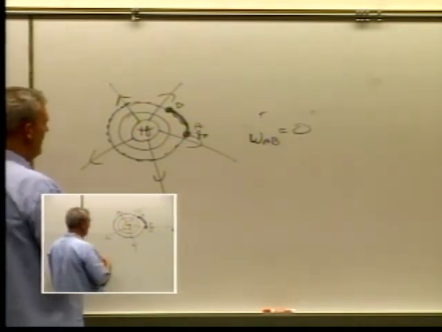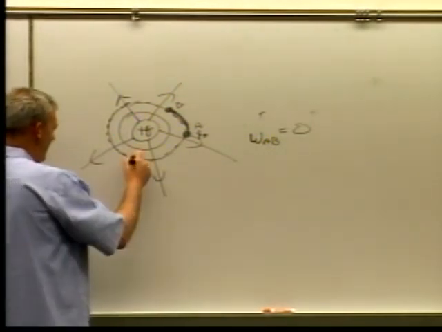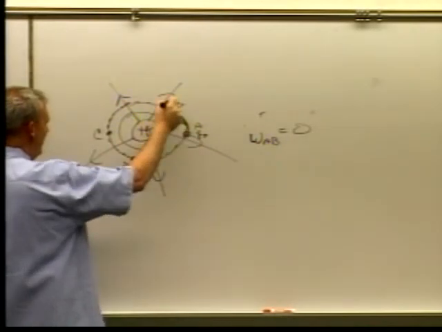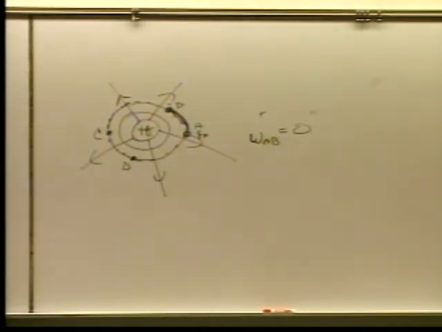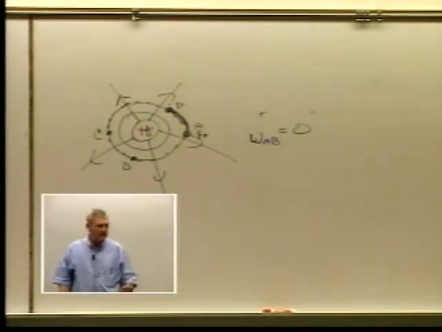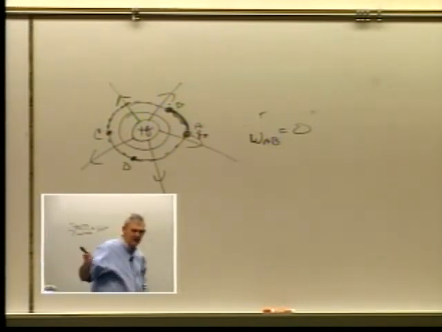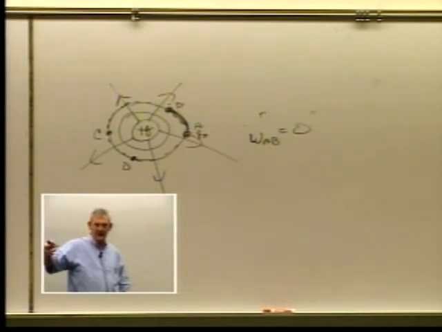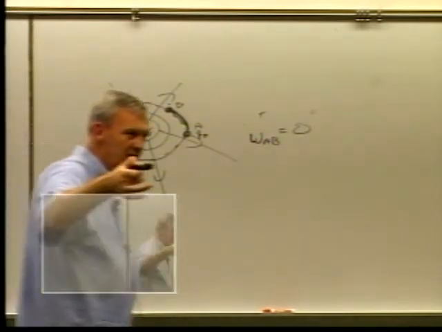So the amount of work done to go from A to B to C to D just to go around in that circle is 0. No work required. It's just like how much work does gravity do as I move this thing from here to over here?